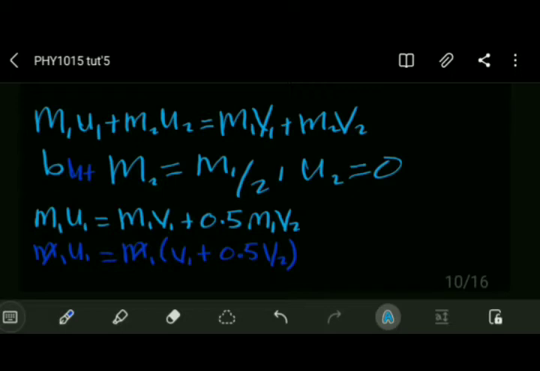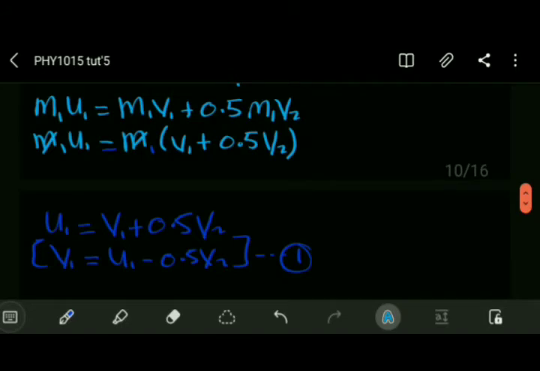We factor out m1 and remain with u1 equals v1 plus 0.5 v2. Alternatively, we express v1 in terms of u1 and v2: v1 equals u1 minus 0.5 v2. We call this equation 1, from the conservation of momentum.